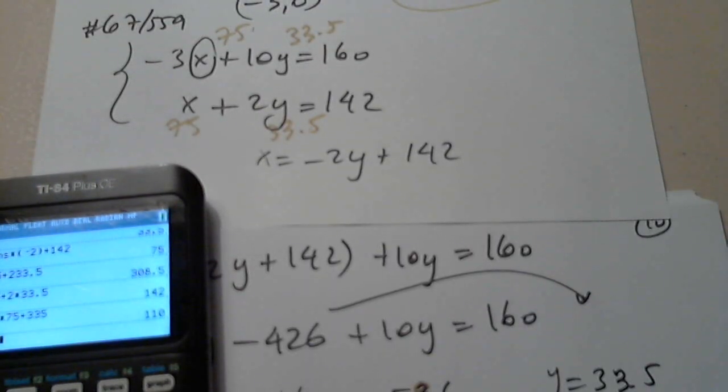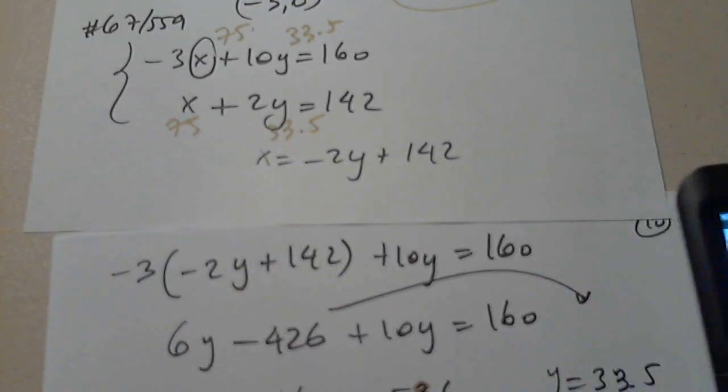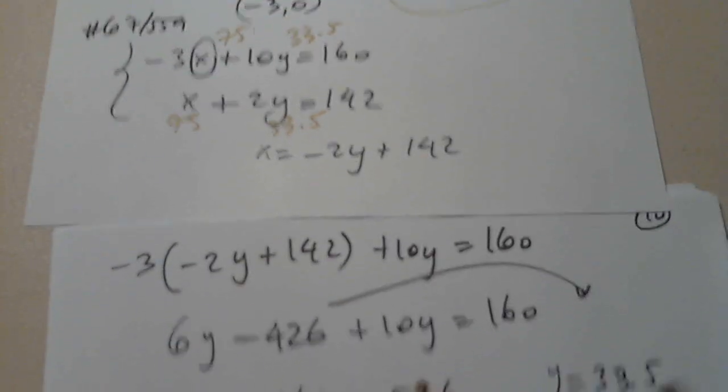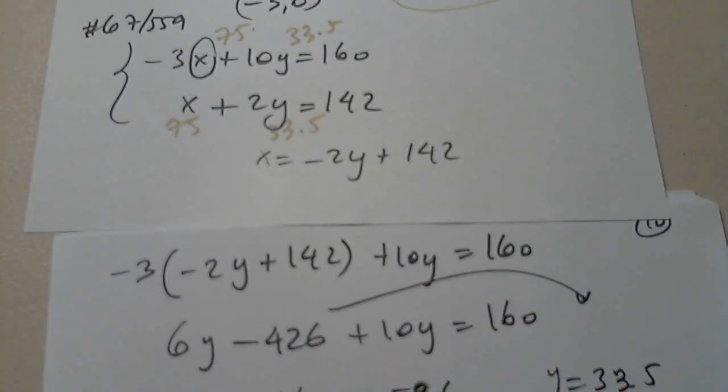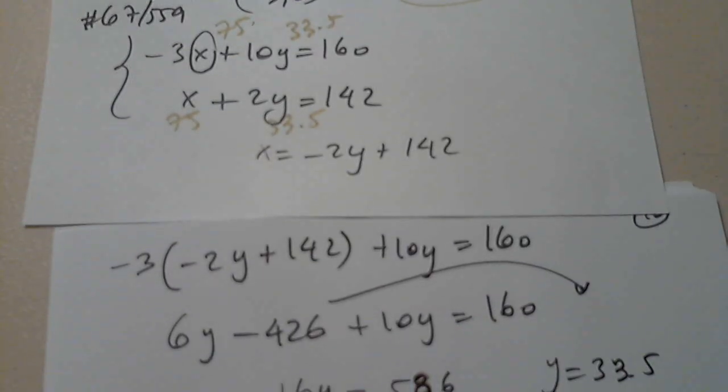So 586 divided by 16 is 36 point, so y equals 36.625. So then in that case I'm just going to do this.